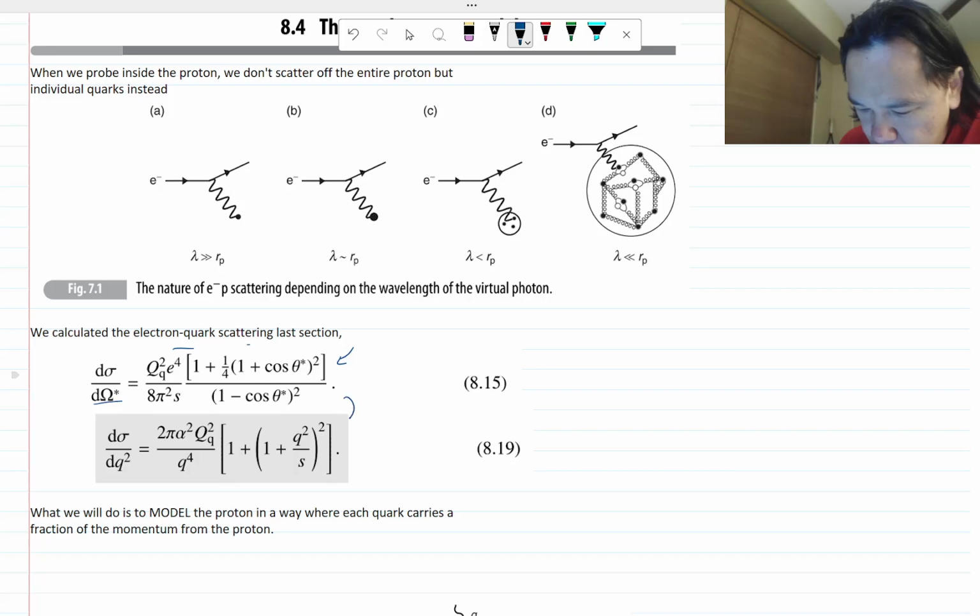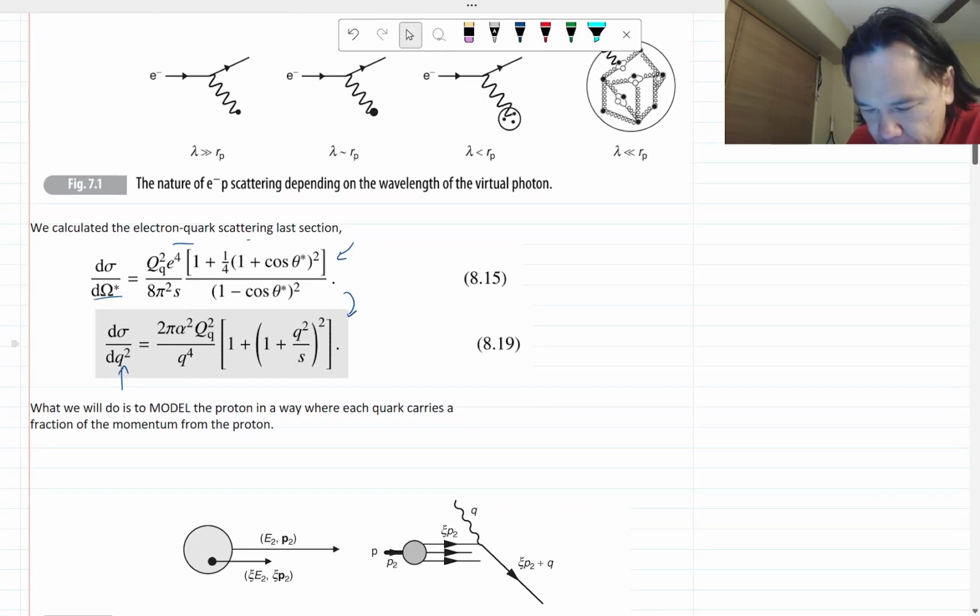We just wrapped up with reformulating it into what's known as the Lorentz invariant version, where instead of taking this derivative with respect to d theta, d phi, you're taking this derivative in terms of q squared instead. Okay.